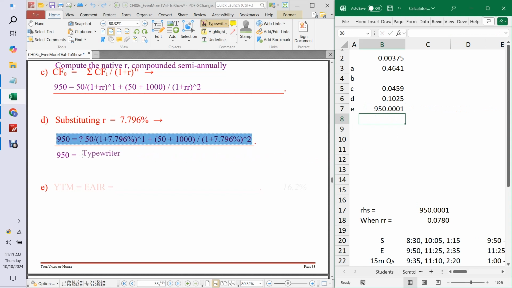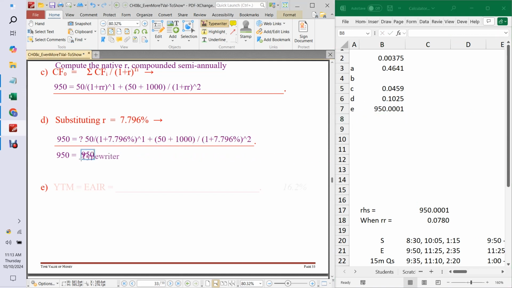All right, I get 950. So all right, we got our native R in semi-annual compounding.